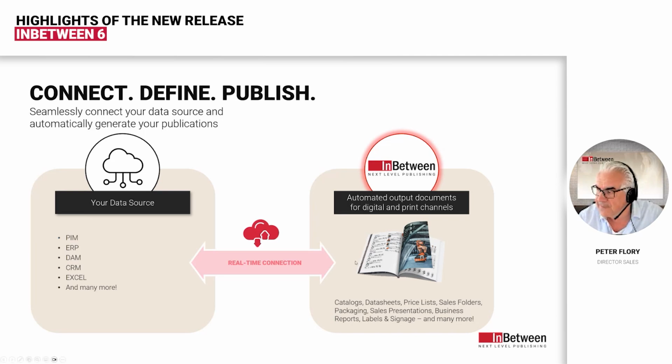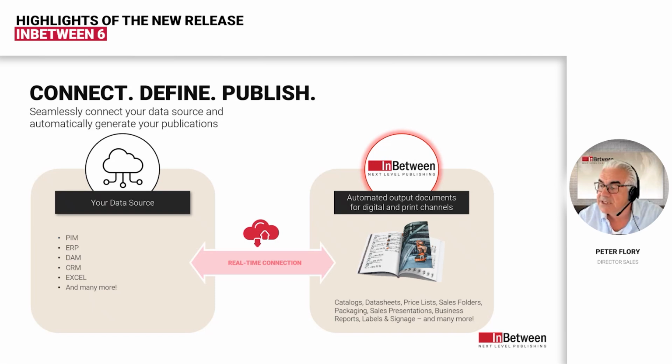page in the catalog. Typically, we work with a real-time connector with the major PIM systems. So we do have direct connectors to Akeneo PIM, to Contentserv, and we have lots of other options.